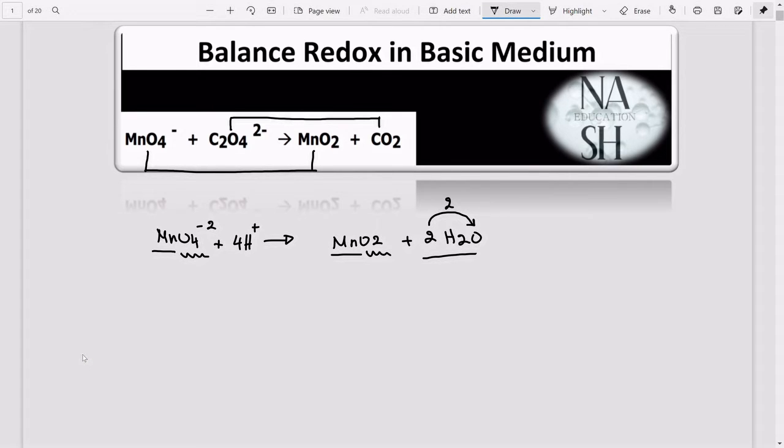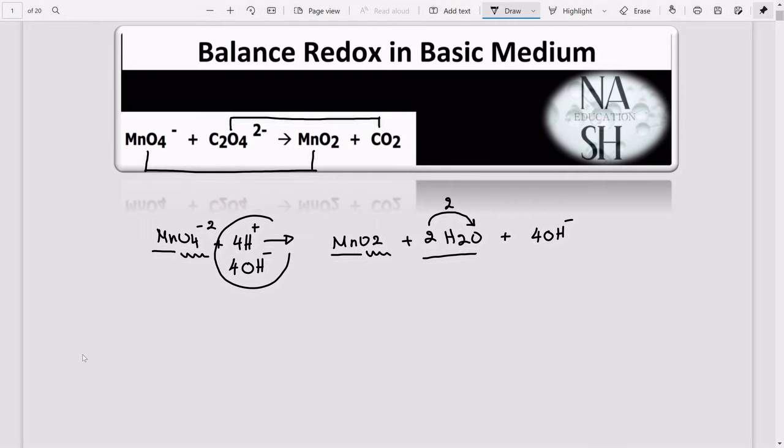So now I'm having 4 hydrogen in both sides. Because this reaction is running in a basic medium, I will immediately add 4 OH minus into both sides. So the number of OH minus must be equal to the number of protons, and that number needs to be added equally in both sides so as not to break the balancing.